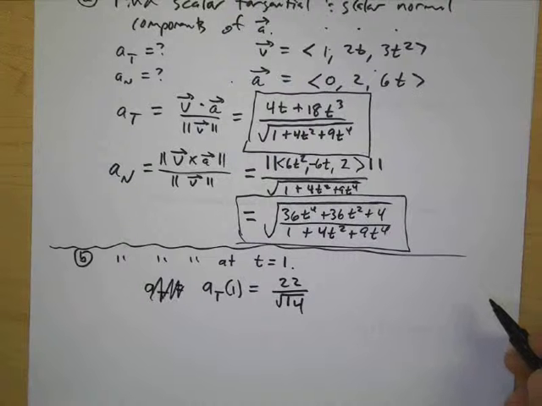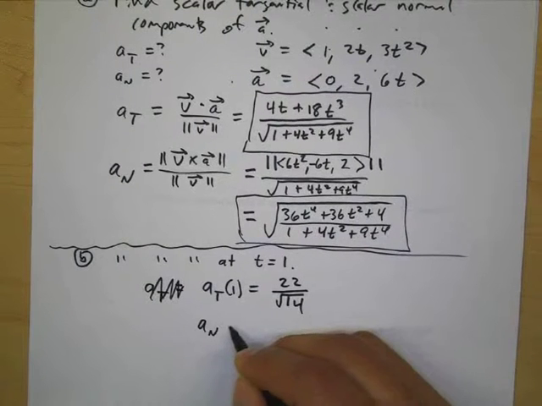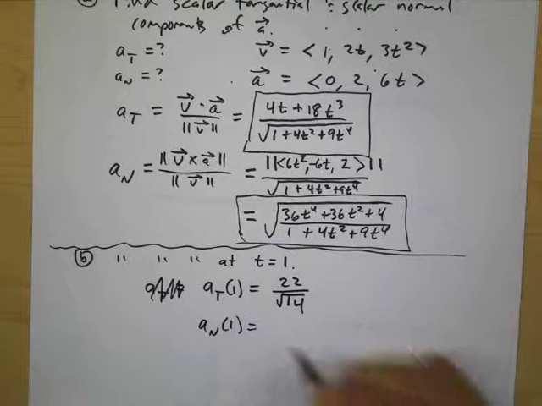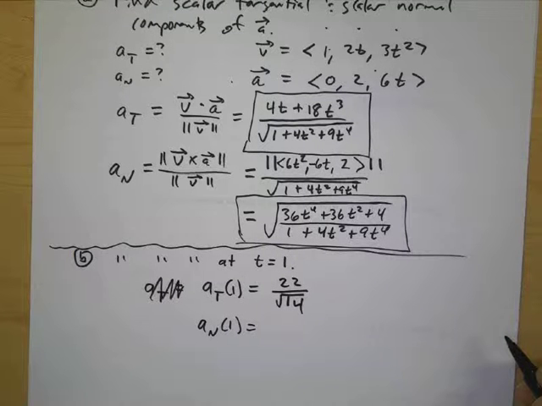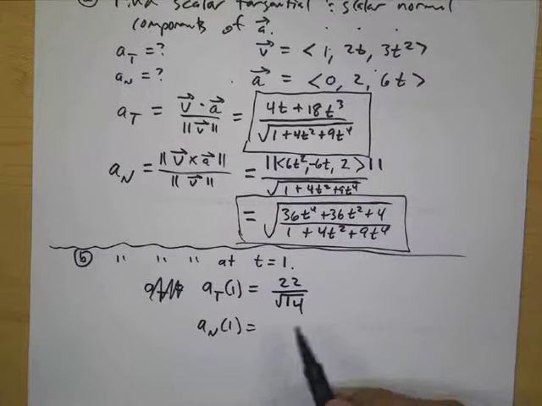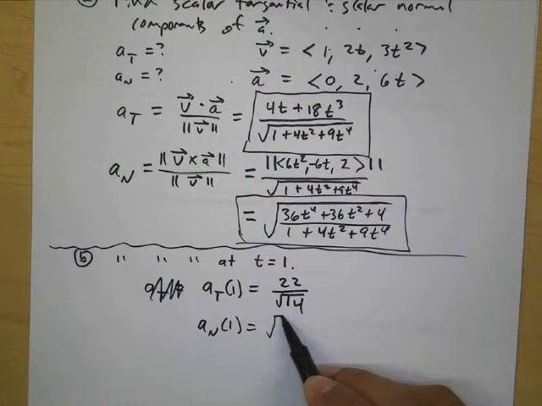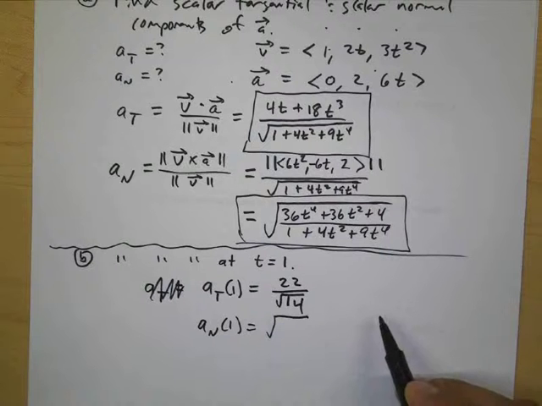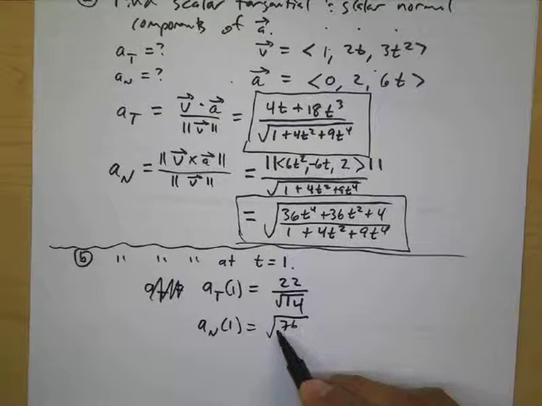Okay. Normal at 1 would be what? Root of 76 over 14.